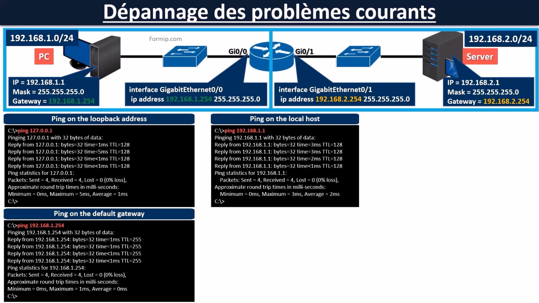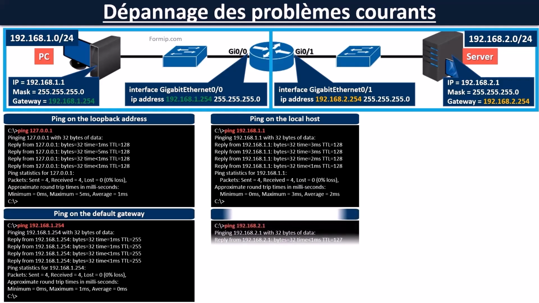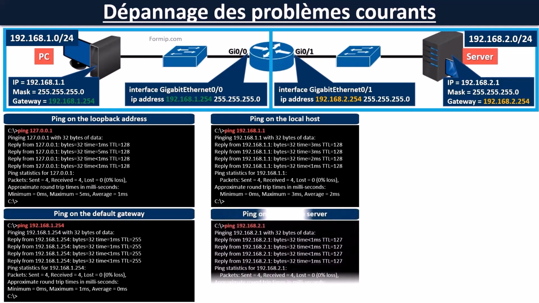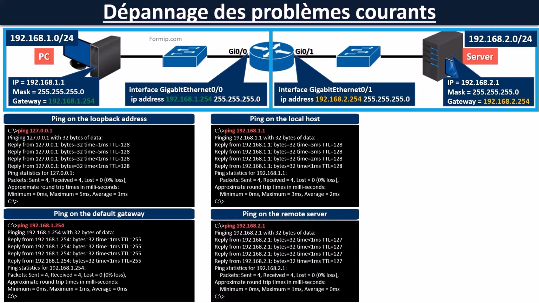If the first 3 steps succeed, while there is still a communication problem between the PC and the server, we can test a ping of it directly. That is, from the PC, we launch a ping 192.168.2.1. In this example, we see that the ping works perfectly.